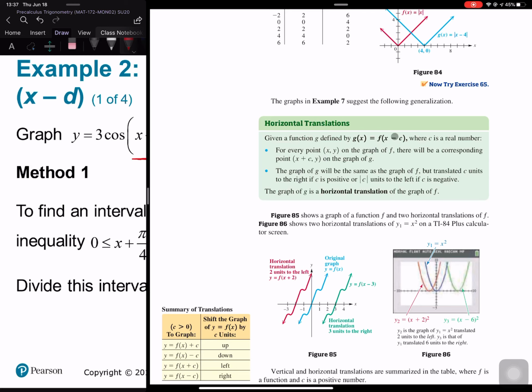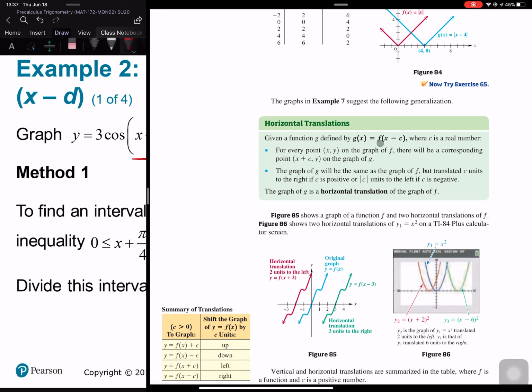If your constant is positive, it will read x minus 3 or x minus 5. If your constant is negative, say negative 3 or negative 5, it will read x plus 3 or x plus 5 initially until you rewrite it.